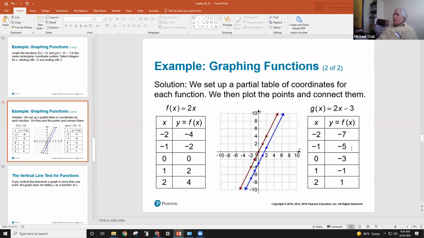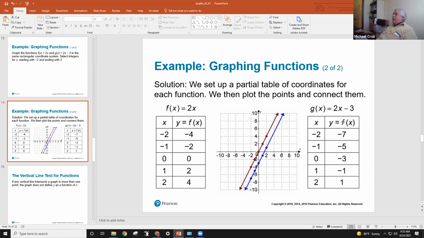You make a little table, and then you just start putting in points. -2 goes in there, times 2 gives -4. -1 times 2 gives us -2. 0 gives us 0. 1 times 2 gives us 2, and 2 times 2 gives us 4.